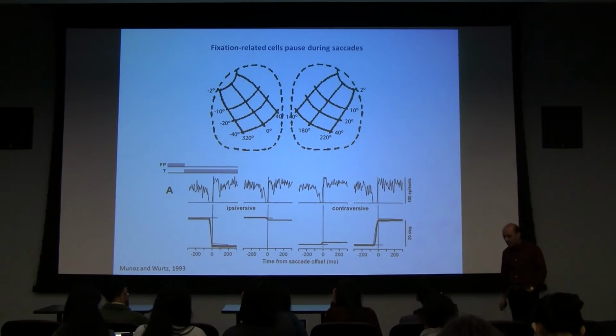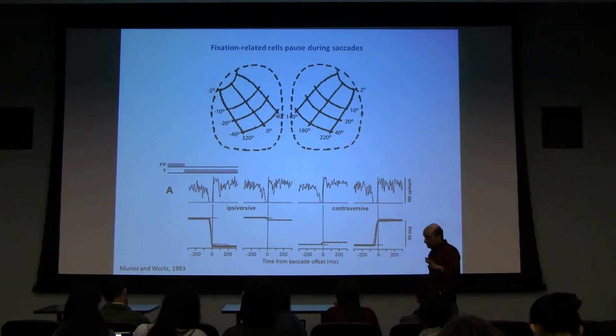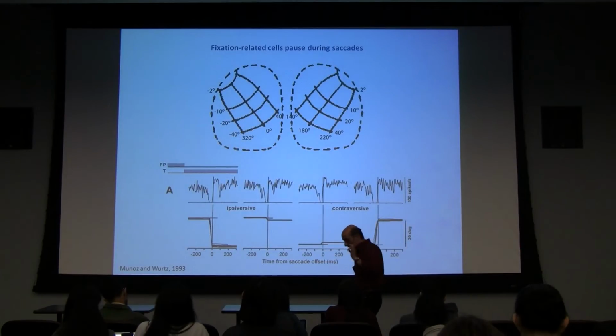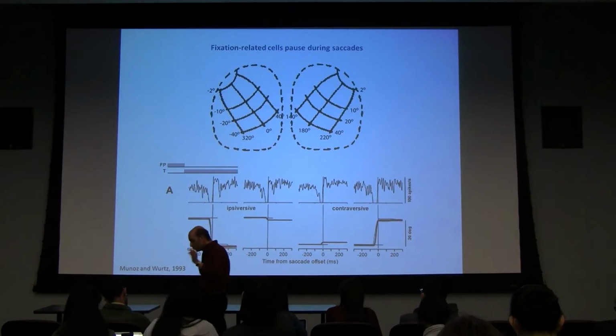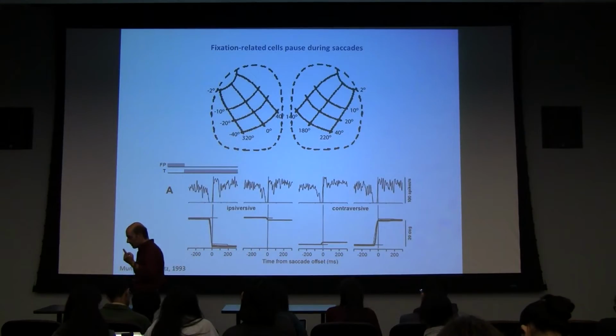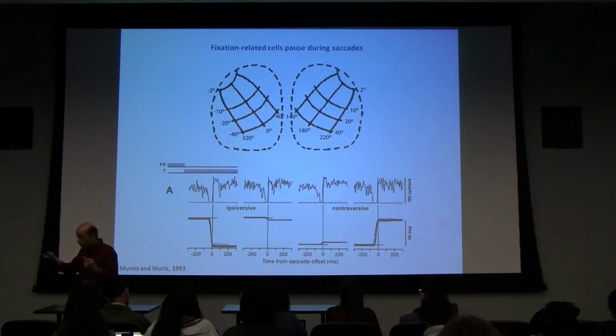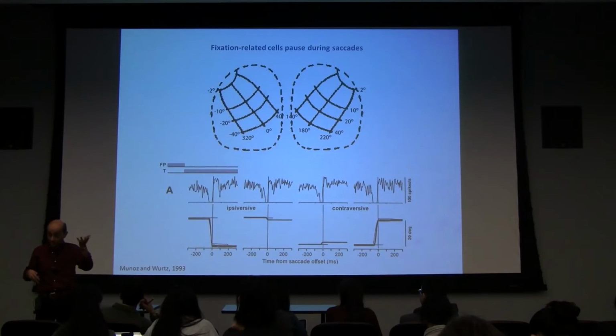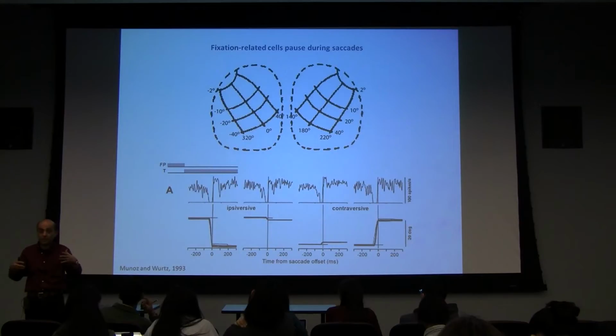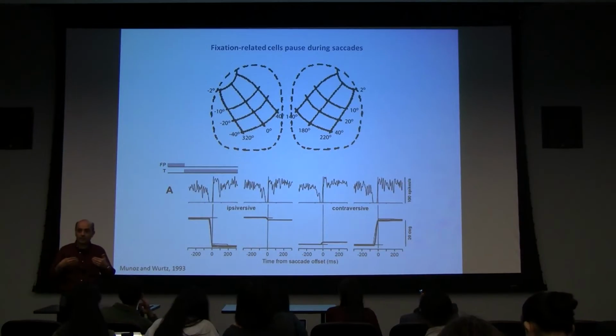All right. So it turns out that a decision to move coincides with two events. One is the place that encodes the movement has to increase its activity, but the fact that you're not moving means that there's some activity in some place, and that's the fixation area. So when you're looking at something, you are actively doing something.